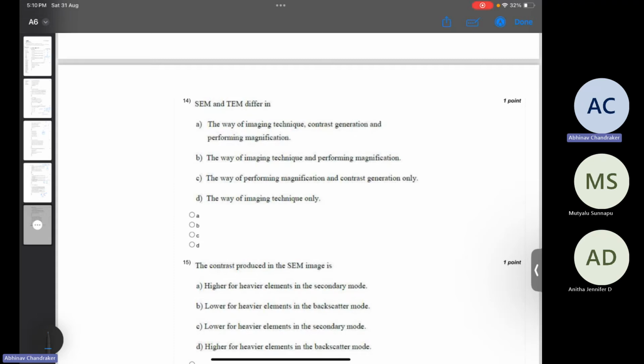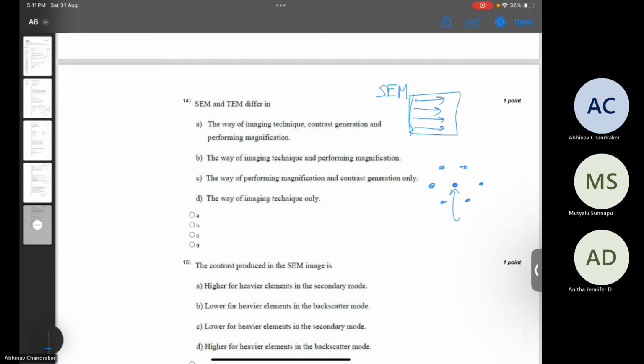But here in imaging technique, in case of SEM, we know that imaging occurs by rastering. So line by line, the image is generated based on the signal detected. In case of TEM, we have transmitted and diffracted electrons, which are captured on a fluorescent screen, and we have formation of some diffraction spots, as well as a central transmitted spot, right?